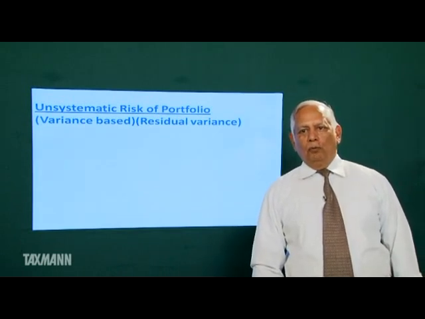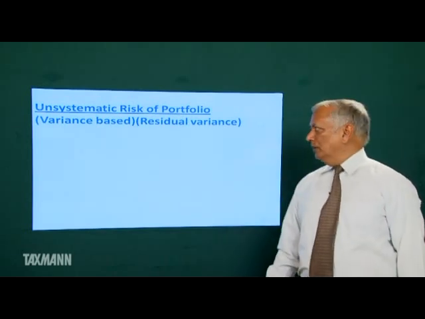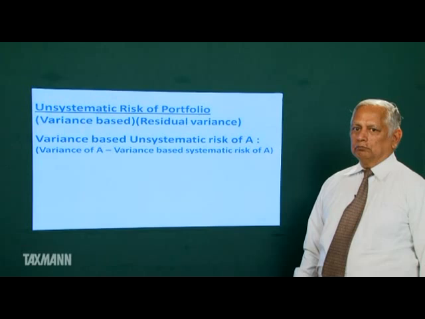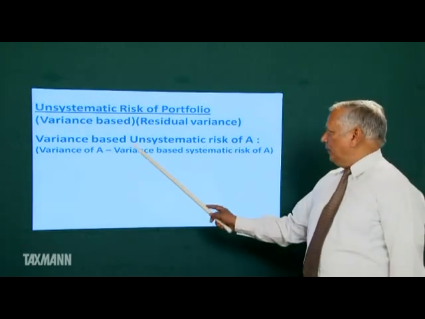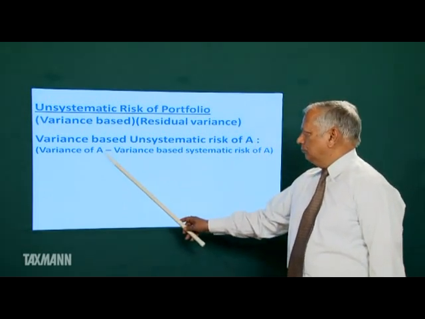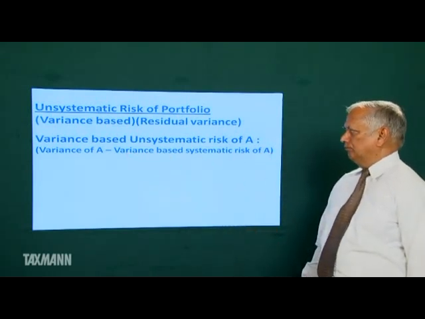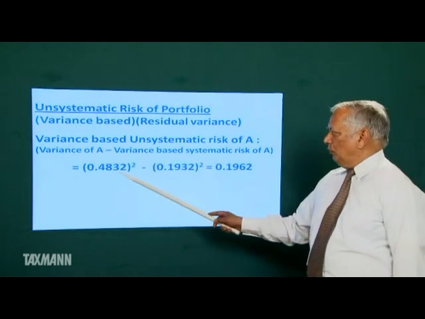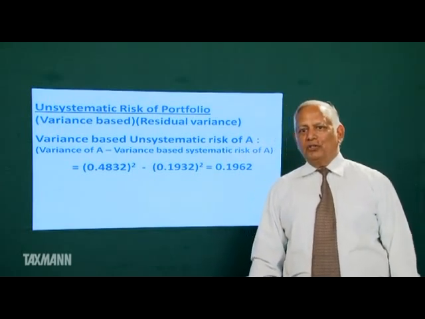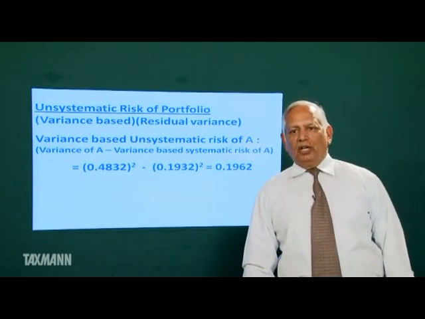Unsystematic risk of portfolio, that is residual variance of portfolio. Variance based unsystematic risk of A is equal to variance of A minus variance based systematic risk of A. This is variance of A. From where do we get it?